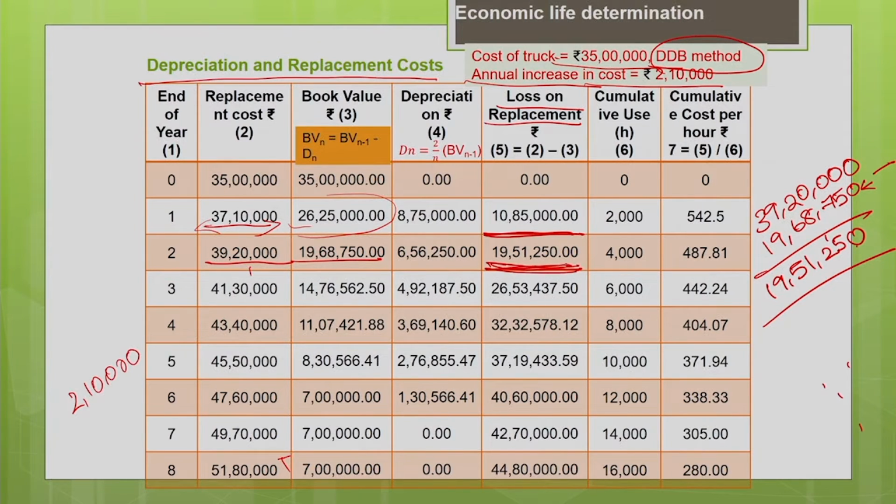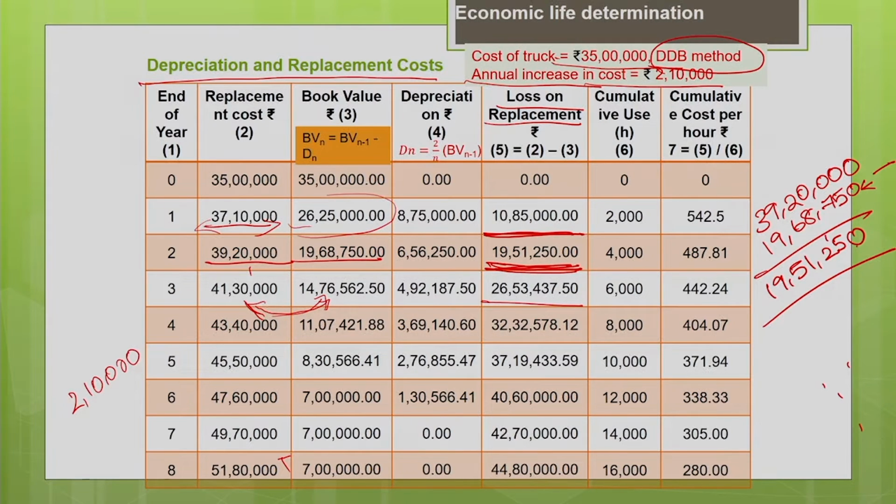Similarly, you can calculate for the third year: 41,30,000 minus your book value of 14,76,562. If you find the difference between these two, you will get the loss on replacement as 26,53,437. So, this is already on a cumulative basis only.